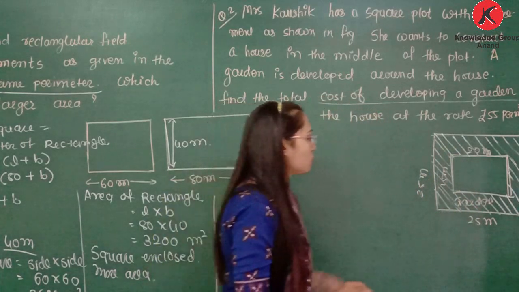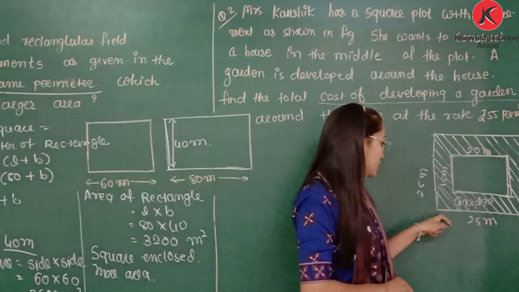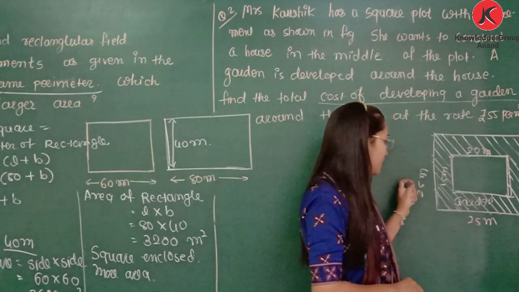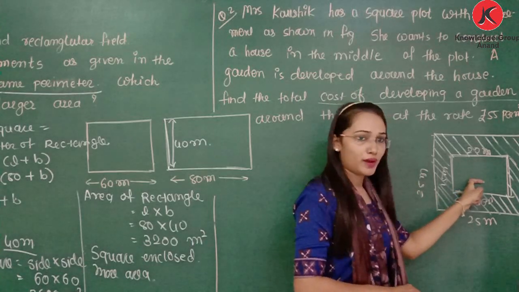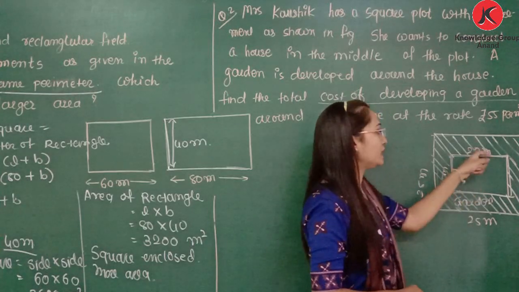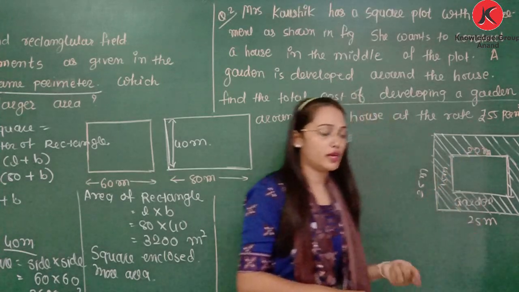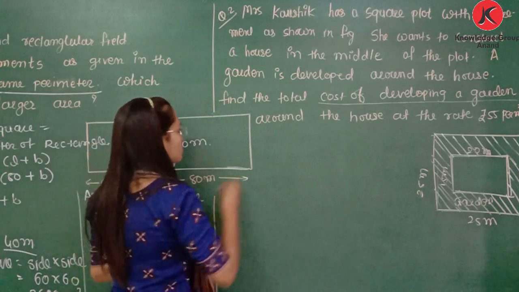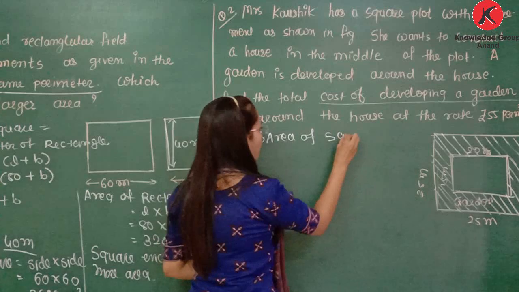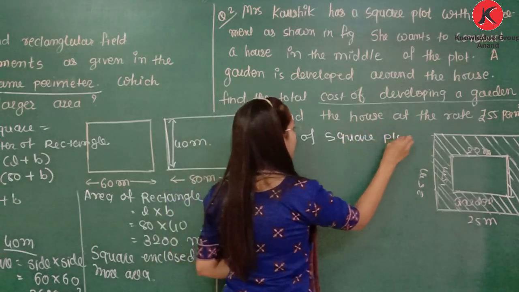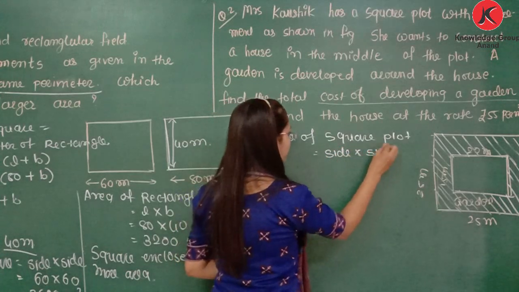Clear? So now to find the area of the plot, we need the value of length and breadth. It is a square, so it is side multiplied by side. And to find the area of the house, we need length multiplied by breadth. So this is the breadth and this is the length. From these two values, we can find both areas. Area of the square plot is side multiplied by side.